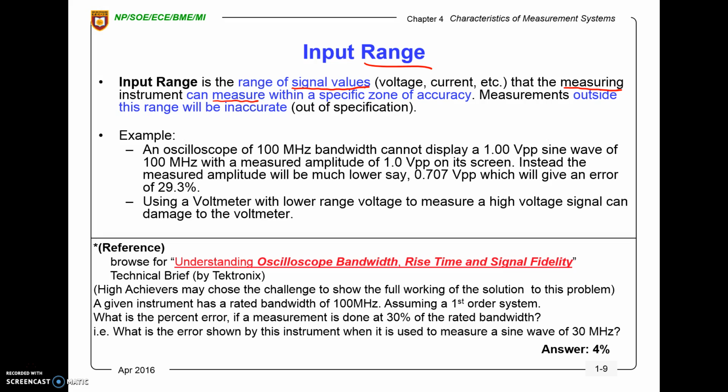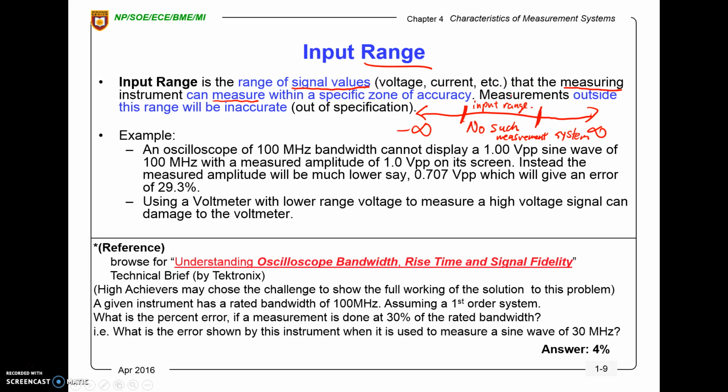There is no instrument in this world that is able to measure infinitely, which means the range cannot be from positive infinity to negative infinity. There is no such thing, no such measurement system. Hence we have to limit the input range.